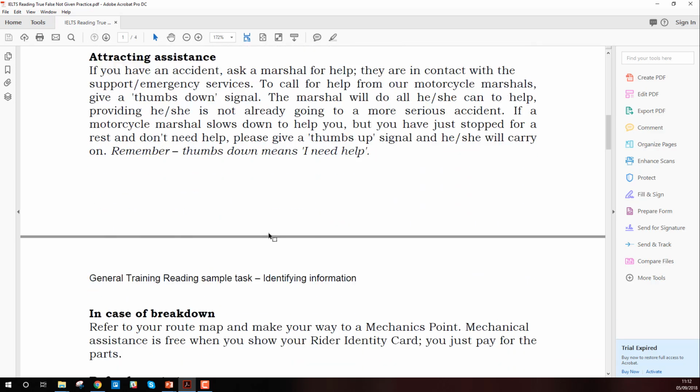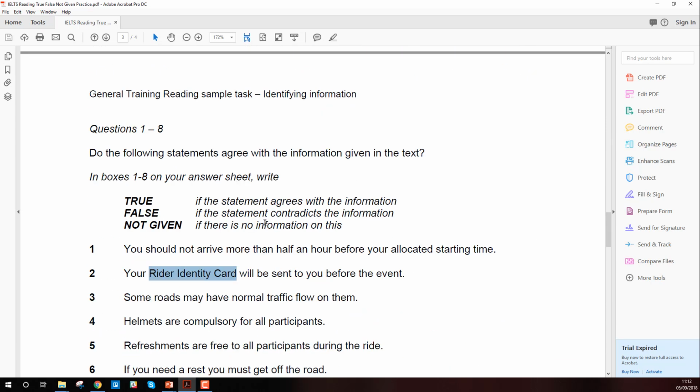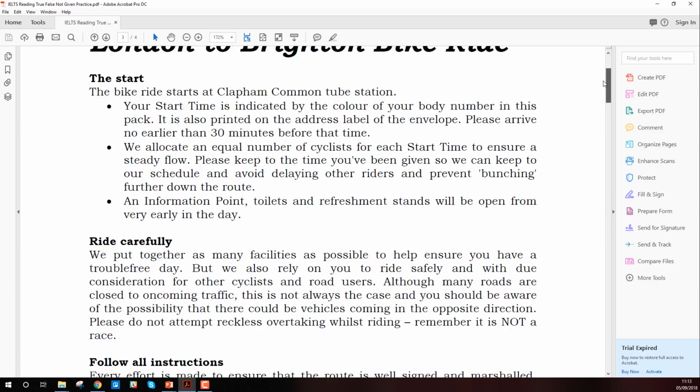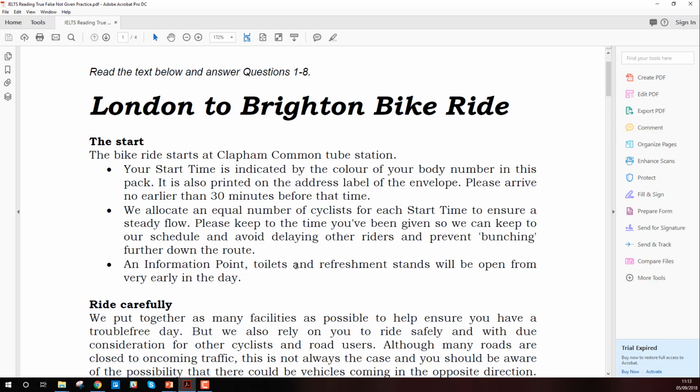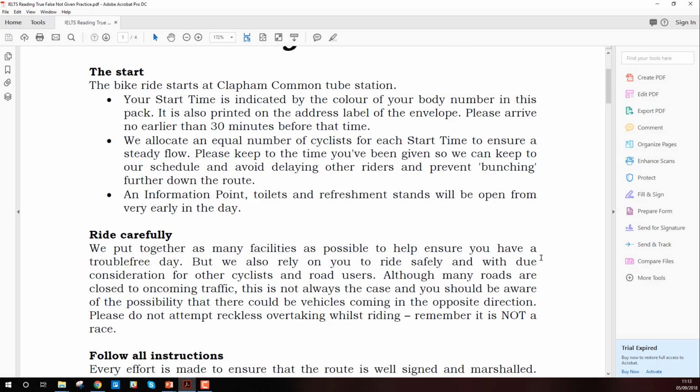So I'm going to show you a little trick here. I'm going to mark 2 on the paper as NG. I think it's NG, but I'm going to show you a little trick. Okay, so this is talking about roads, traffic flow.